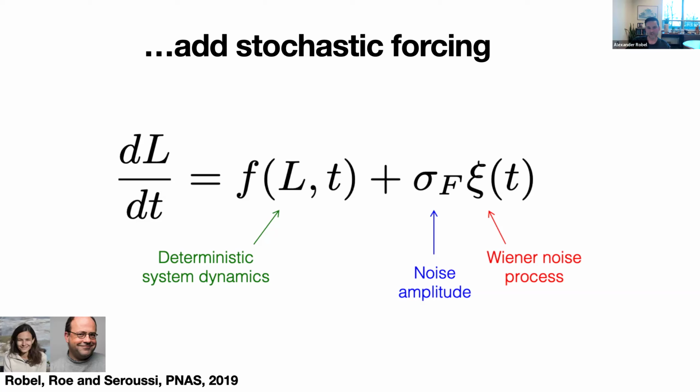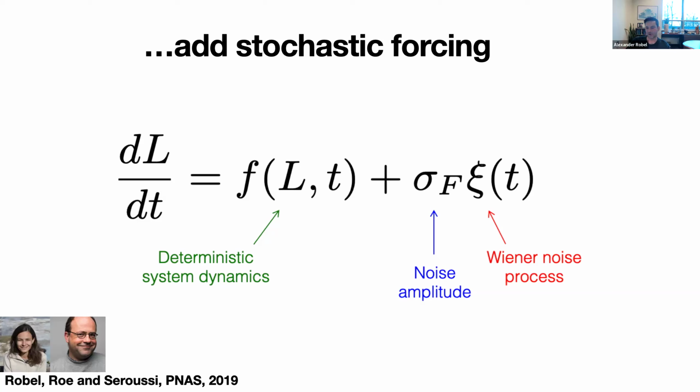So here I've generically rewritten the differential equation from the previous slide in terms of a deterministic term, that's what you saw on the right-hand side in the previous equation, and then an added stochastic forcing term, which has an amplitude, sigma_f, and a random variable, which is considered as a Wiener noise process. Okay.